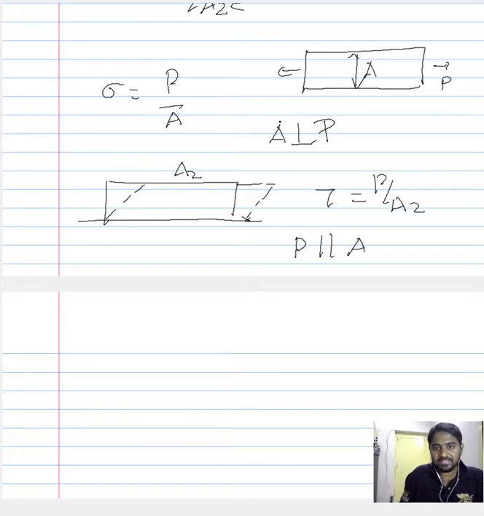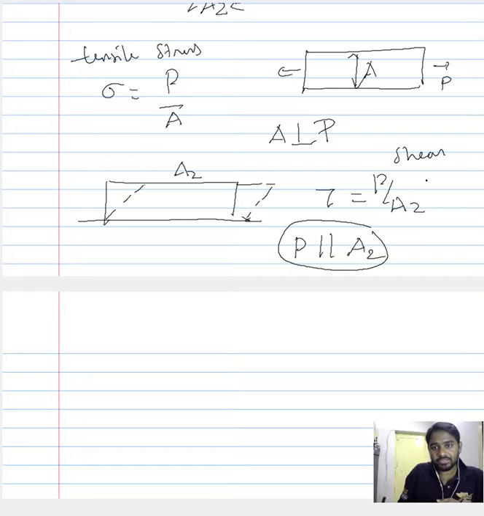In case of tensile loading, the area that offers the resistance is perpendicular to the loading. In case of shear loading, the area that offers the resistance, that is A2, is parallel to the loading. So this is how we arrive at the expression for the normal stress, or let's just say the tensile stress, and this here is the shear stress.